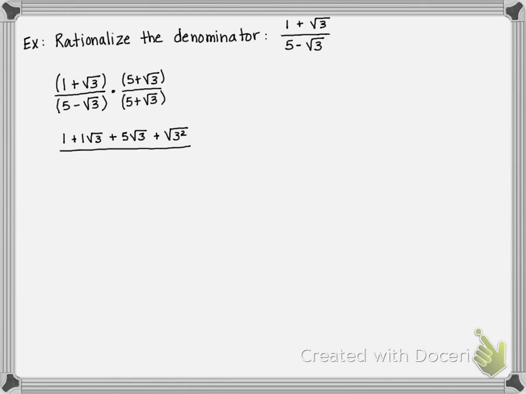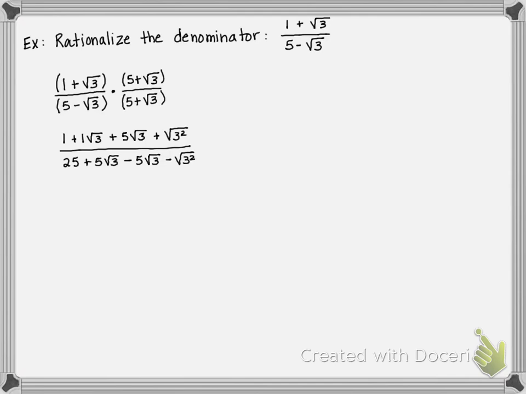In the denominator, we have 5 times 5, which is 25, plus 5 times the square root of 3, minus the square root of 3 times 5, minus the square root of 3 times the square root of 3.